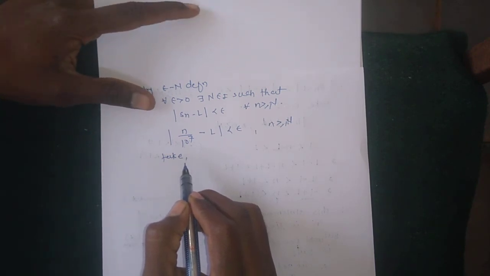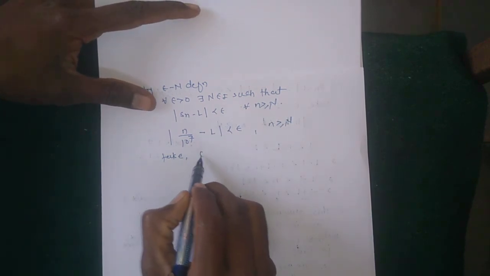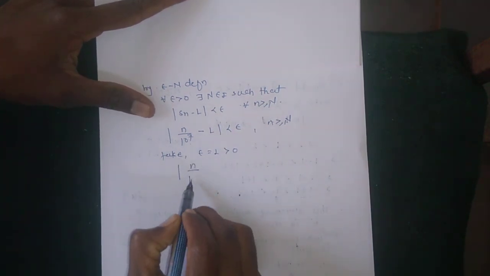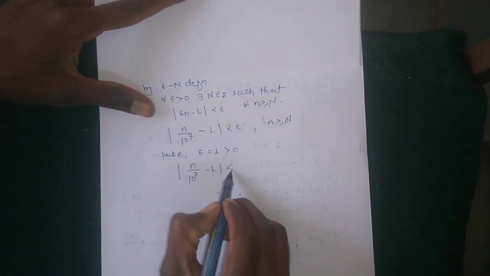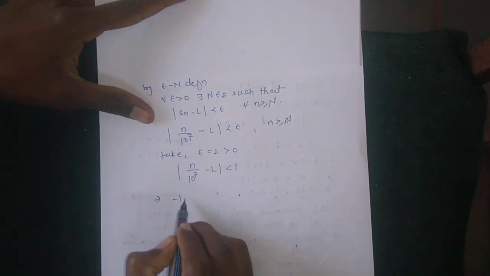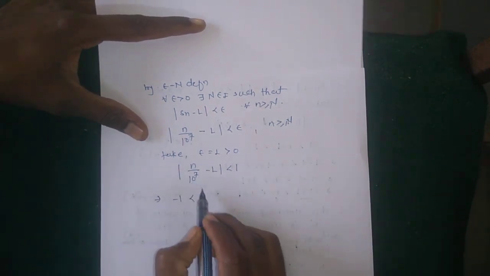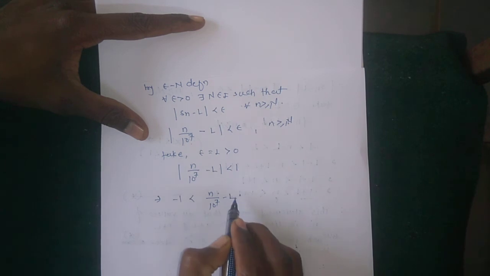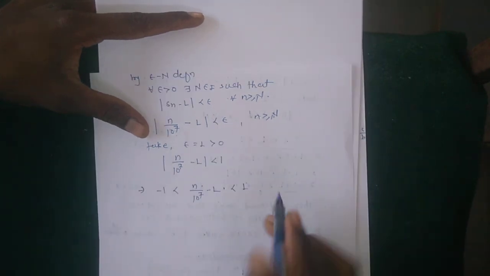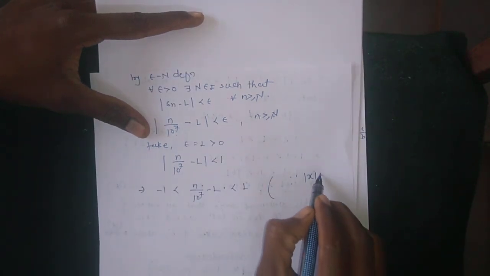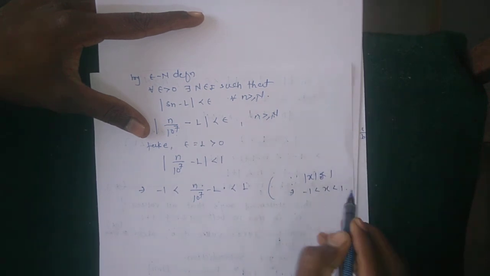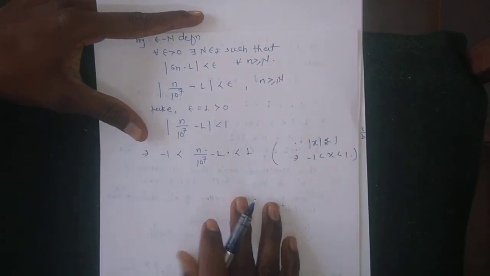So take epsilon equal to, suppose, 1, which is greater than 0, then mod of n divided by 10 raised to 7 minus L is less than 1, which implies that the value lies in between minus 1 and 1. Means minus 1 is less than n upon 10 raised to 7 minus L is less than 1, since mod x is less than 1 implies x lies in between minus 1 and 1.